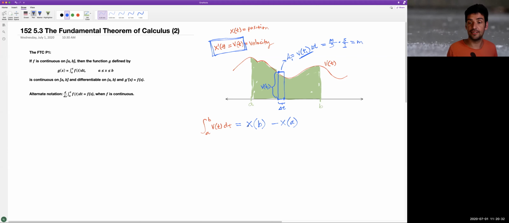Another way to say that is position is an antiderivative, I never remember if that has a hyphen in it. Position is an antiderivative of velocity, right?